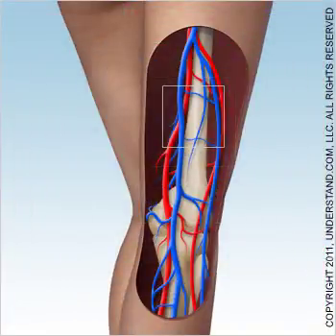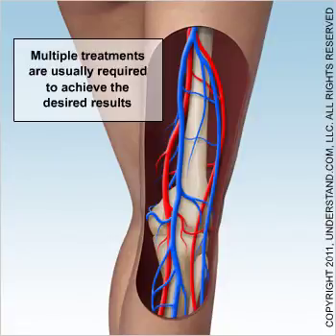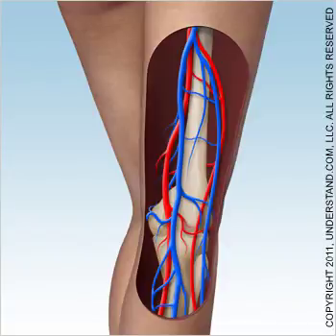Over time, the veins will be absorbed by the body, restoring a smoother, more youthful appearance. Like other vein removal therapy, multiple treatments are usually required to achieve the desired results, but sclerotherapy can reduce the appearance of most spider veins and some small varicose veins significantly.